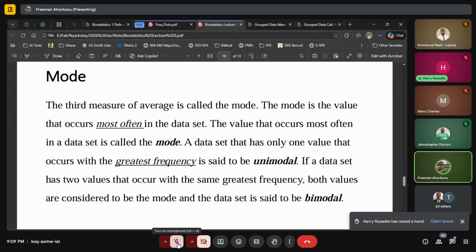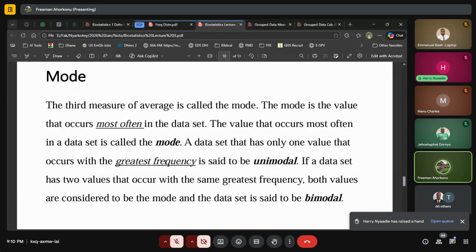All we are saying is, if you have a set of data, your data can be the systolic or diastolic values of your patients. Maybe you want to be specific: hypertensive patients, the systolic values.